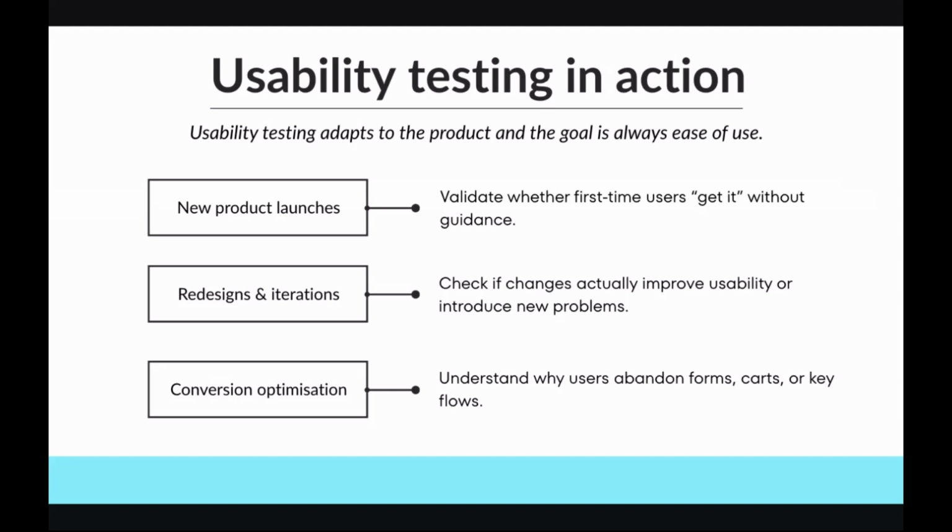And finally, there is conversion optimization. Now, this could involve testing checkout flows, subscription journeys, or CTAs to see what reduces drop offs and improves completion rates. Across all these examples, the goal is the same. We watch real people interact with something, identify those friction points, and use that evidence to make smarter decisions.